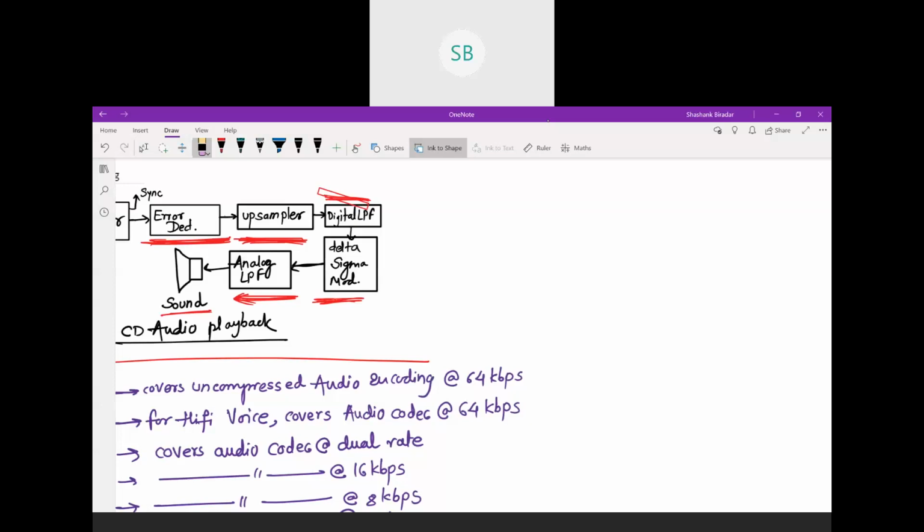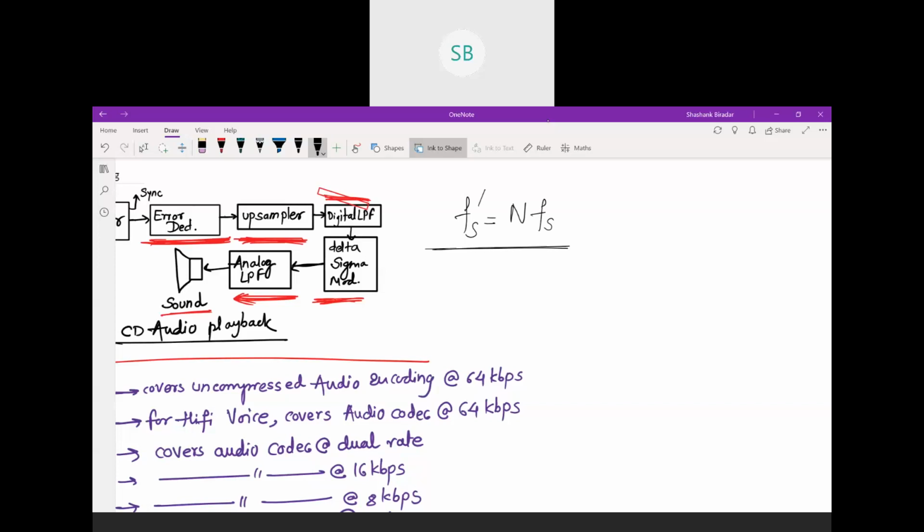The data from the error detector is then oversampled by inserting n minus 1 all-zero words between PCM samples. This increases the effective sampling rate, and this is upsampling.